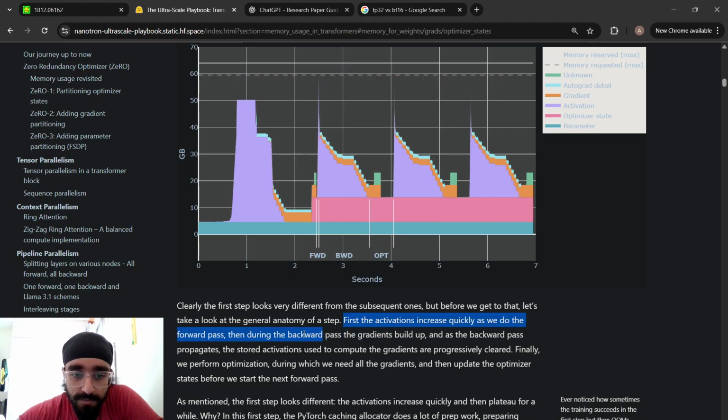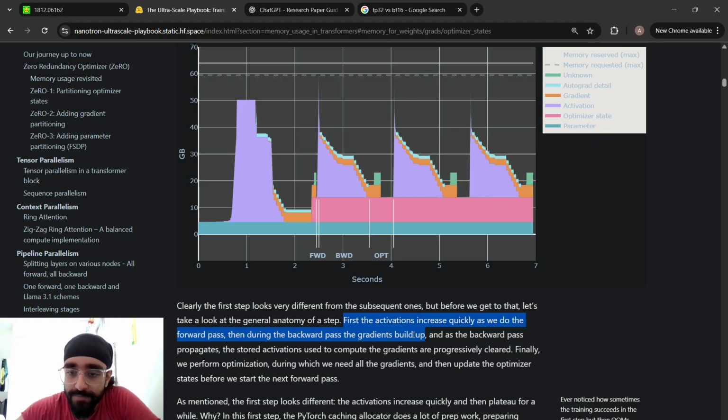As we do the forward pass, then during the backward pass, the gradients build up. As we do the backward pass, we can keep freeing up the intermediate tensors that we originally stored for the backward pass as we go through the layers. However, we also need to now keep storing the gradients during the backward pass.